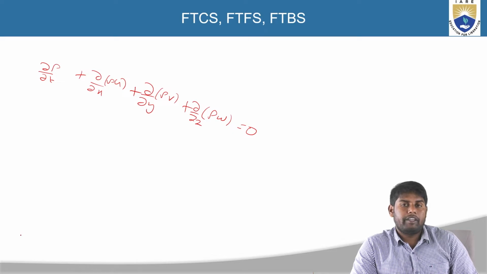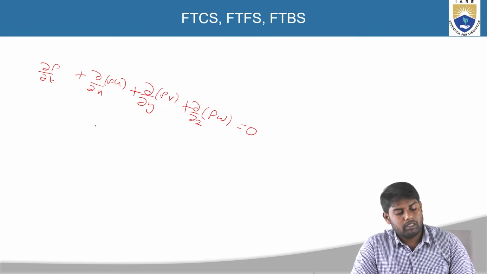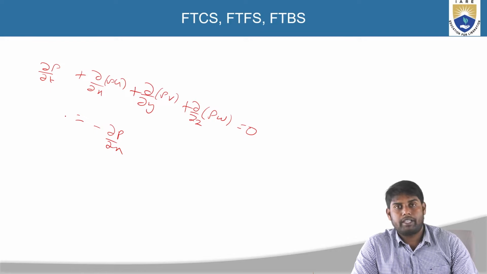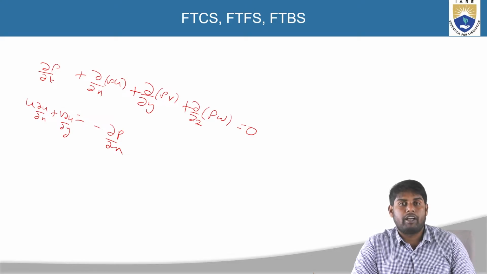Then let's say if we see the momentum equation, we have the pressure gradient terms on the right hand side. On the left hand side, you have, let's say, u into dou u by dou x plus v into dou u by dou y. So this is what we have.